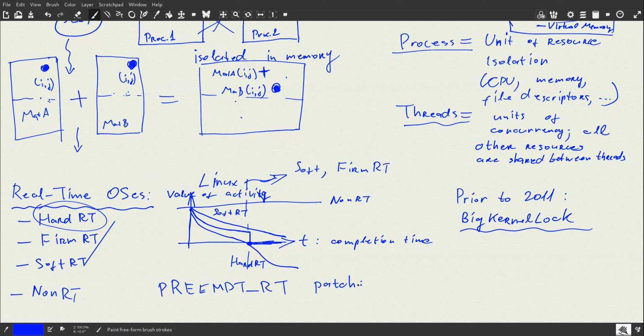This preempt-RT patch, it is big. It has been created by the industry outside of the Linux community, and then gradually absorbed into the mainline vanilla Linux kernels. So now most of this preempt-RT patch functionality is already inside the Linux kernel.